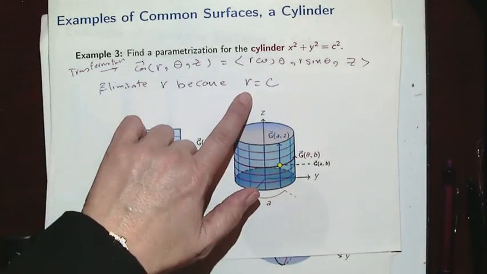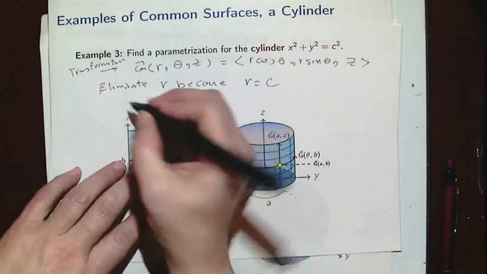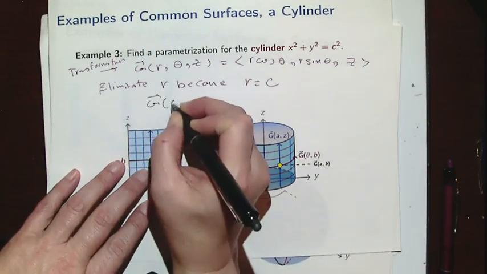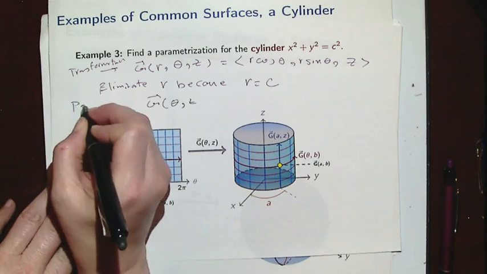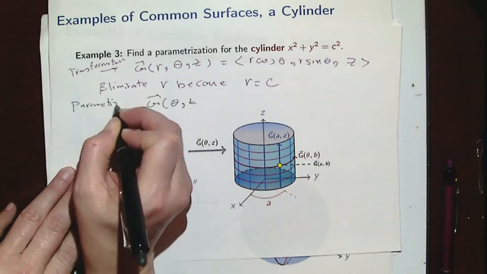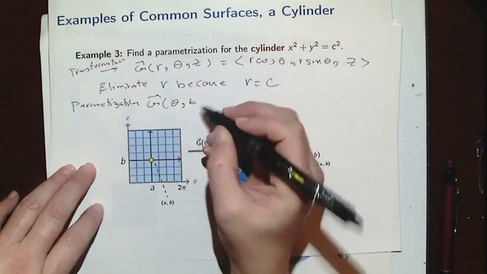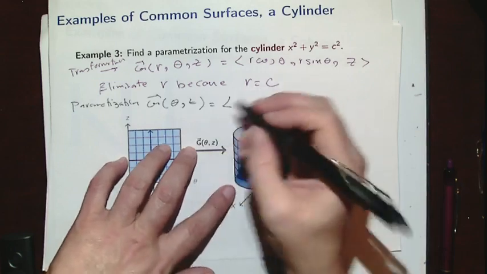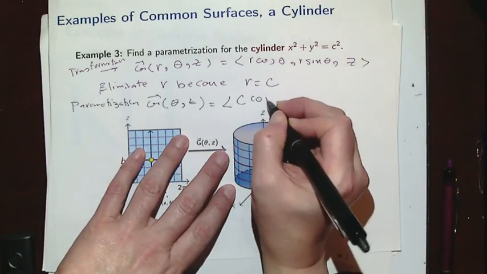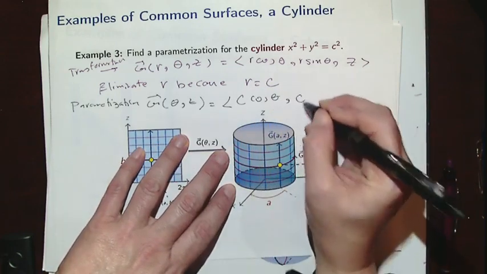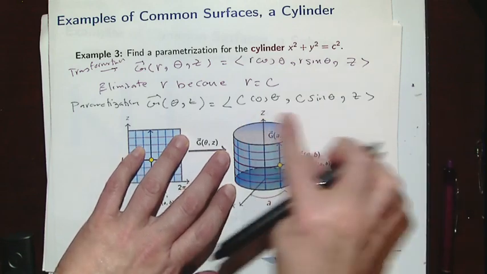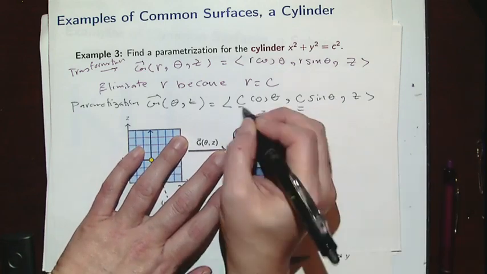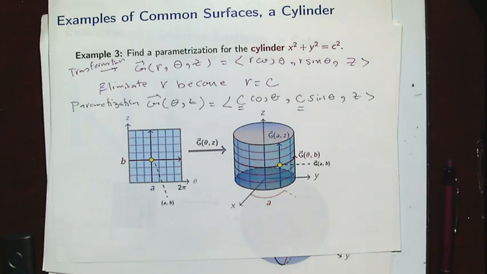Now all I'm going to do is eliminate R. Now this is the parametrization, and what I get is C cosine theta. Make sure that what you're eliminating as a constant stays constant. See, I wrote C instead.